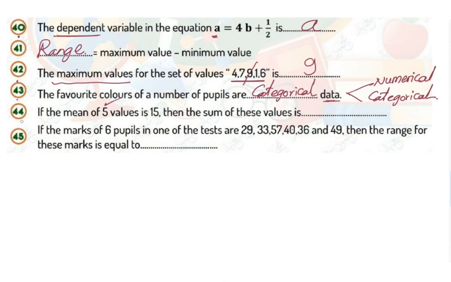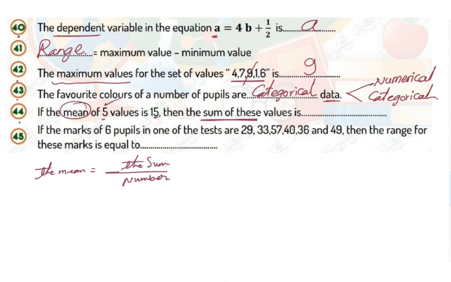Okay. Next, point 44. If the mean of 5 values, so 5 is the number of values, is 15, then the sum of these values is what? We know that the mean equals the sum of values over the number of them, right?